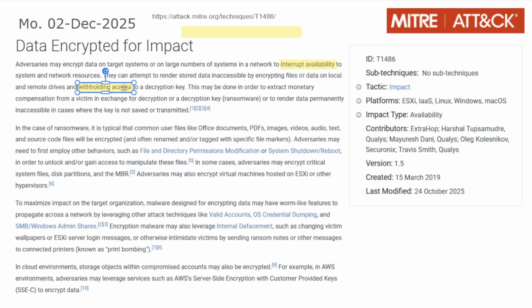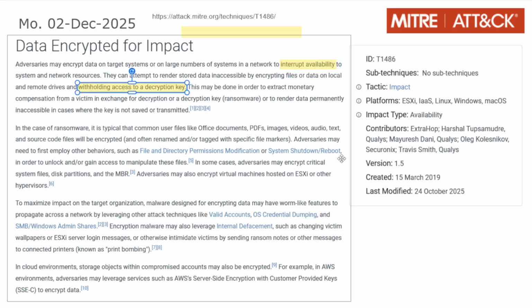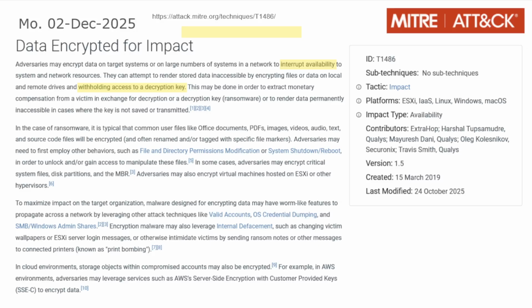Withholding access to a decryption key. Since they want to earn money, the only way to do that is by selling the encryption key. Just destroying the data doesn't do much from a financial perspective.